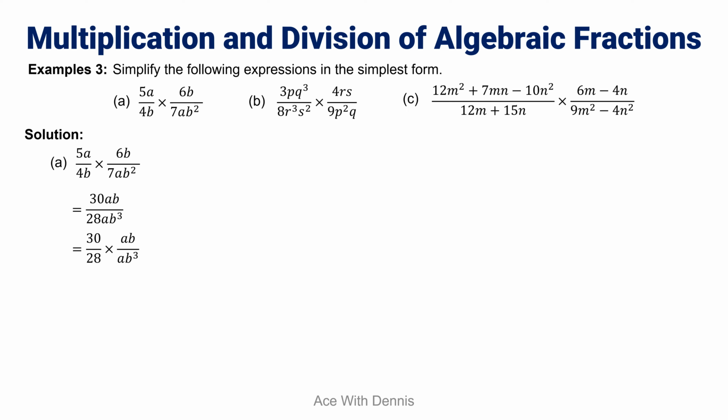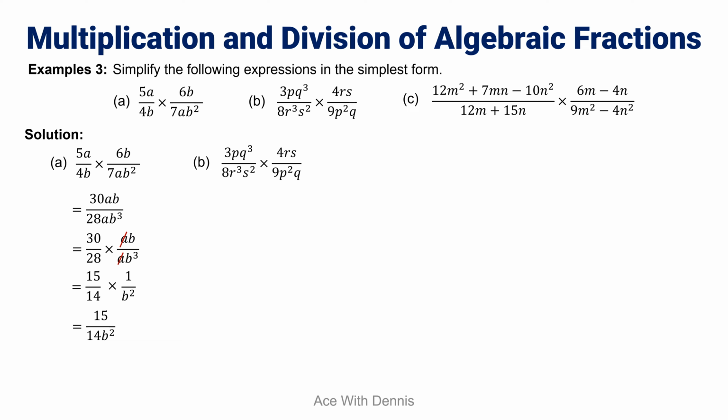So 30 over 28 times ab over ab cubed. When simplified, 30 over 28 gives 15 over 14. While for the unknowns part, we can cancel out the a, and for b over b cubed, we simplify to get 1 over b squared. Hence, the answer will be 15 over 14b squared.